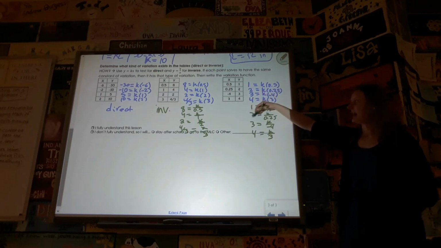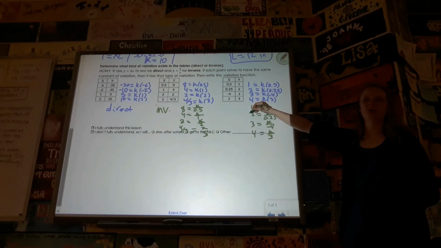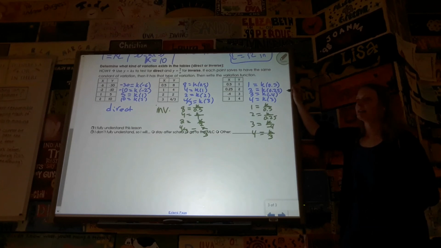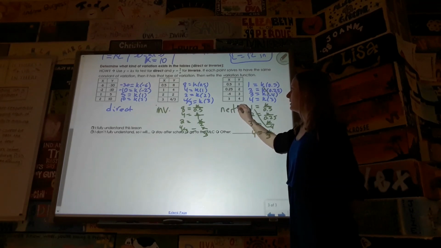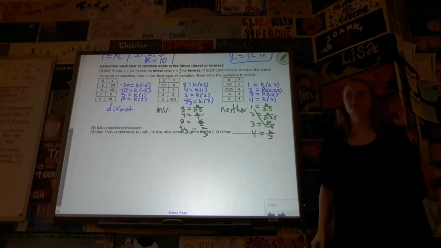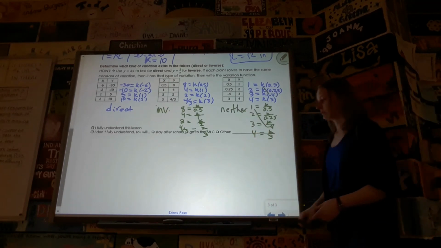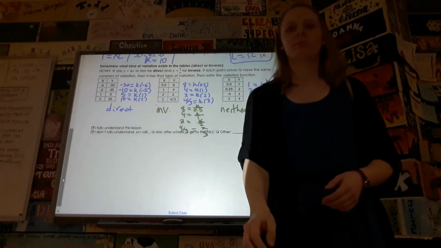What is 2 times 0.25? Also 0.5, looking good. What about 3 times negative 4? Is that 0.5 just like the other two? Nope. So then if direct didn't work and inverse doesn't work, this one would be neither. Neither direct nor inverse.